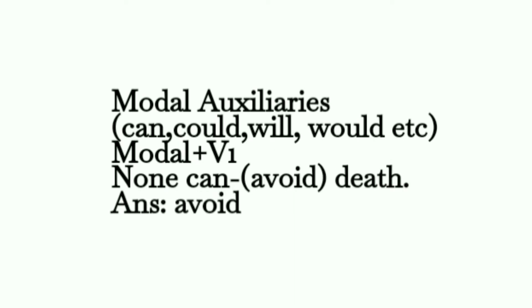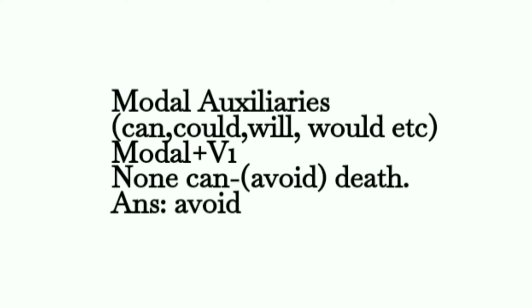Now we will learn the rule of modal auxiliaries. It's a very important rule. We know that can, could, shall, should, will, would, must, etc. are modal auxiliaries. And the rule is modal plus V1.